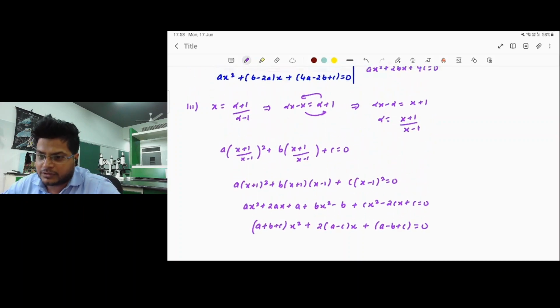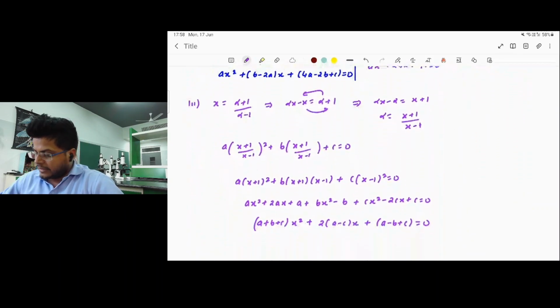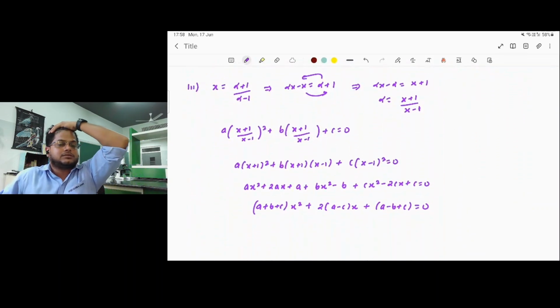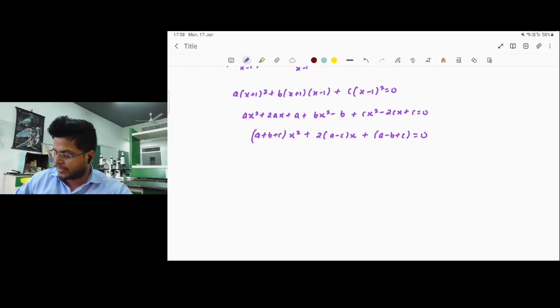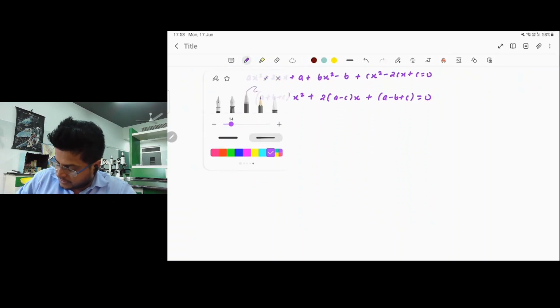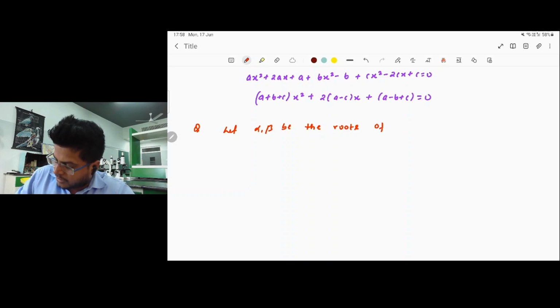So I hope we are thorough with this concept of transformation of roots, right? But now see, this can help us in the other way around also. What I mean is, imagine somebody is writing a question like this. Question is, let alpha, beta be the roots of quadratic equation ax square plus bx plus c equals 0.